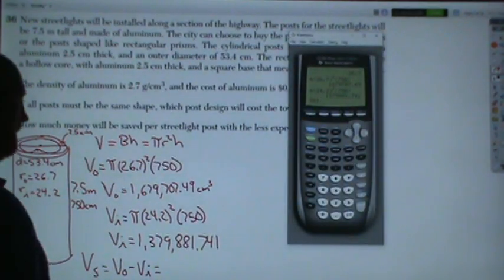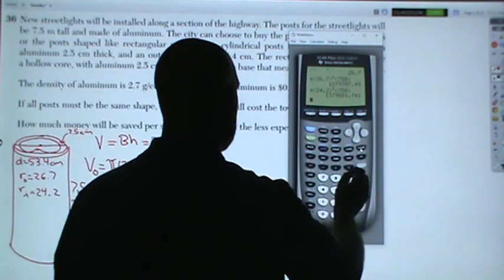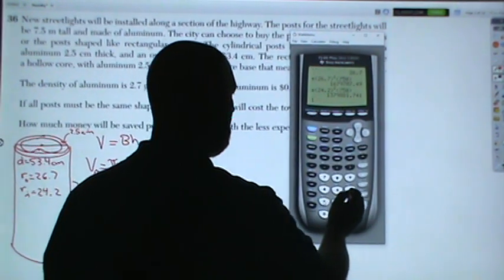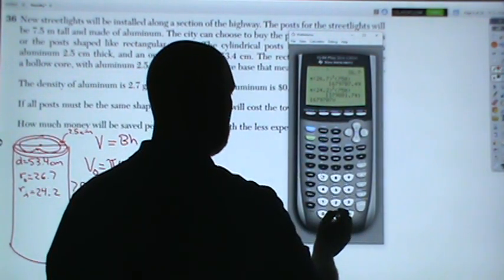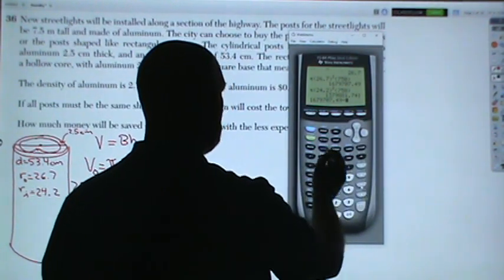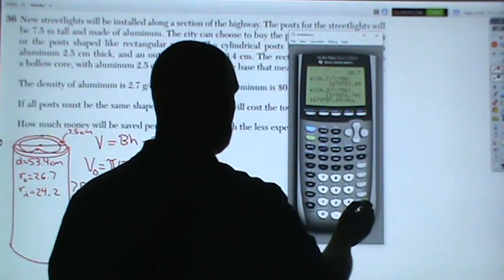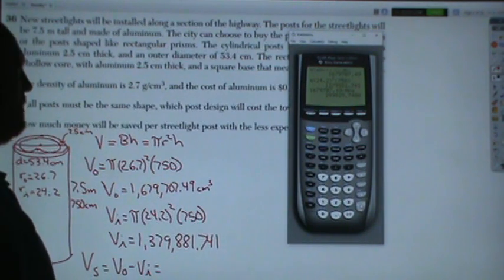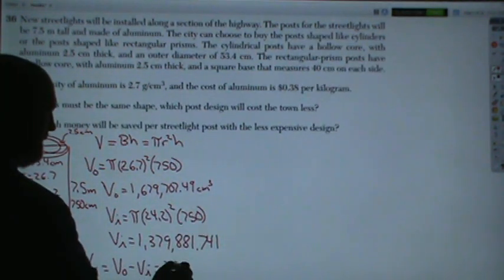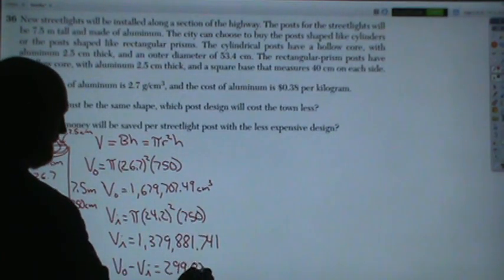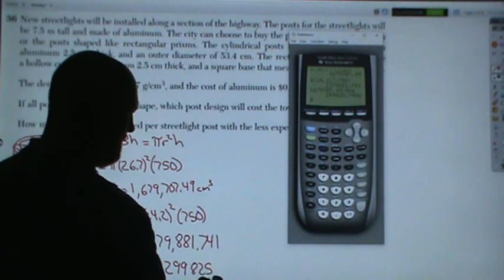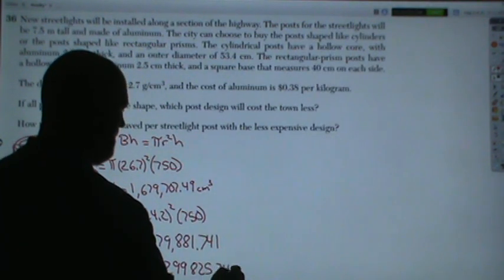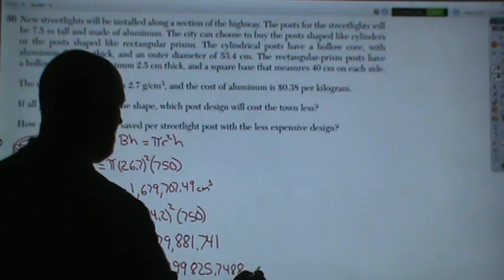So on my calculator, I'm going to do 1,679,707.49 minus the previous answer, and that'll give me 299,825.748. And again, that's centimeters cubed.